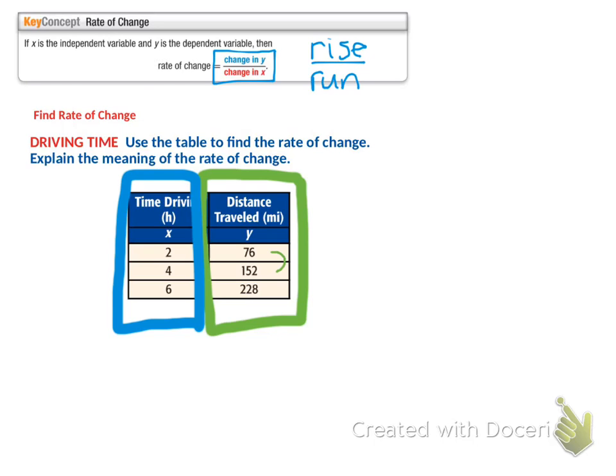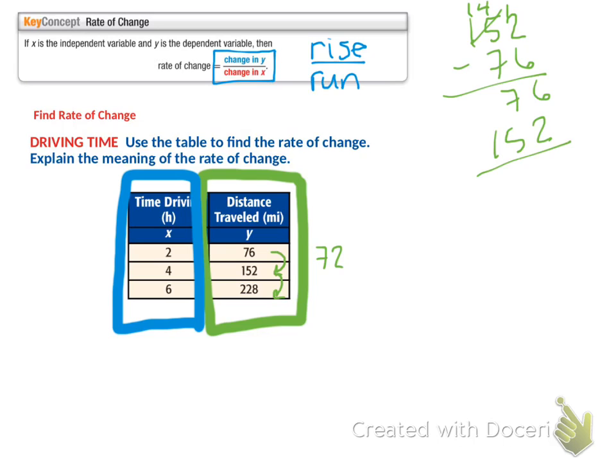From 76 to 152. Well, I don't have a calculator in front of me right now, so for once I'm doing math by hand. Okay. 76. It's going up by 76. And again, if I do 152 plus 76, do I get 228?